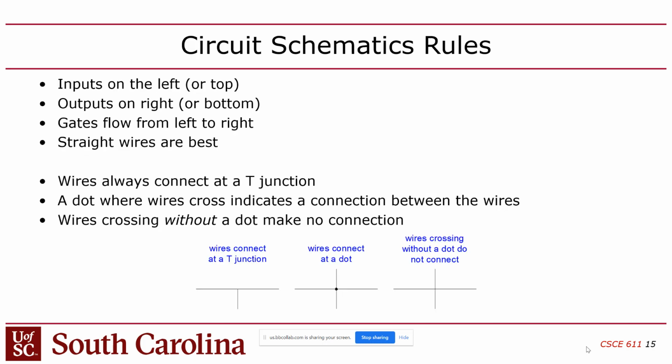There are a few rules. It's not a formal thing usually, but there are a few rules that you should follow whenever you make a schematic. Generally speaking, you try to put the inputs on the left, although I don't always follow that rule. You should try to keep the inputs on the left and the outputs on the right, so there's a left-to-right flow of data. Straight wires are best, but anyone who has tried to make a schematic knows it's hard to always have straight wires.